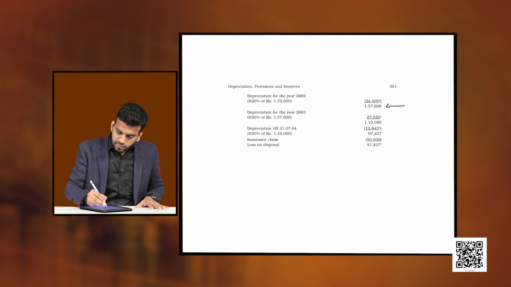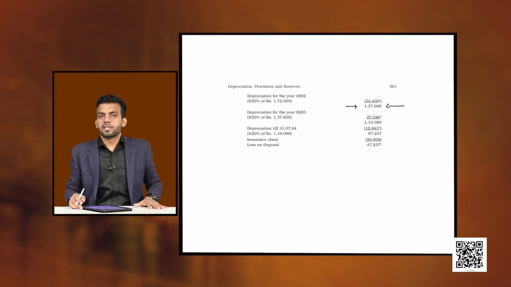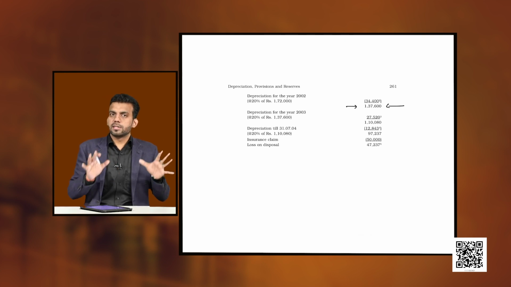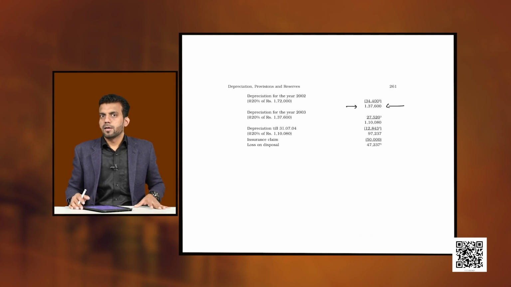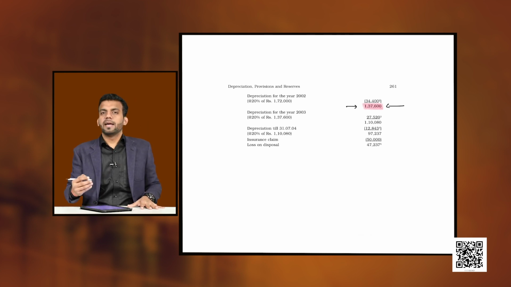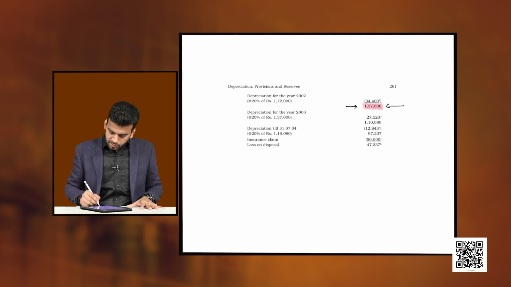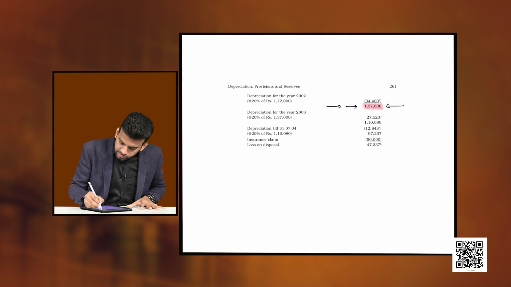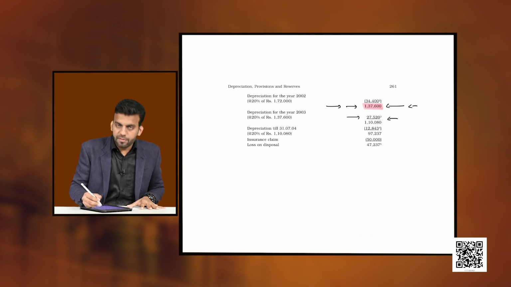As you can see, firstly we reduced 215,000 minus 43,000, that makes it 172,000. Then 34,400 was the depreciation for the second year, which is reduced and the value becomes 137,600. This is the value of machine after 2 years depreciation, and the method's name is written down value method. So, this is the amount which is going to be depreciated. 20% of this 137,600 makes it 27,520.